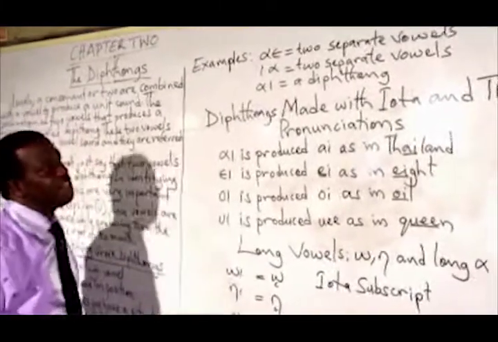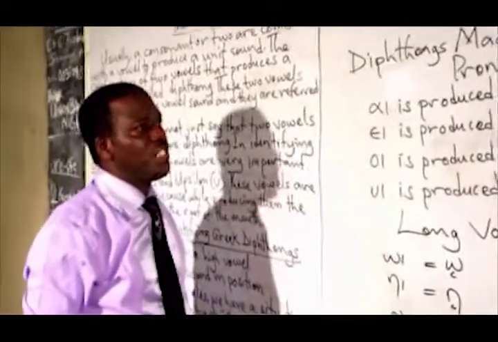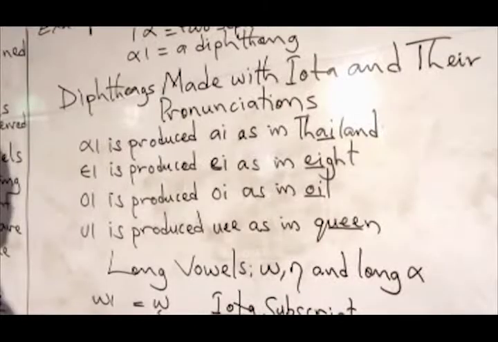In Greek, diphthongs are divided into 2: diphthongs made with iota and diphthongs made with upsilon. So we will consider the first one, which is diphthongs made with iota and how they are pronounced.